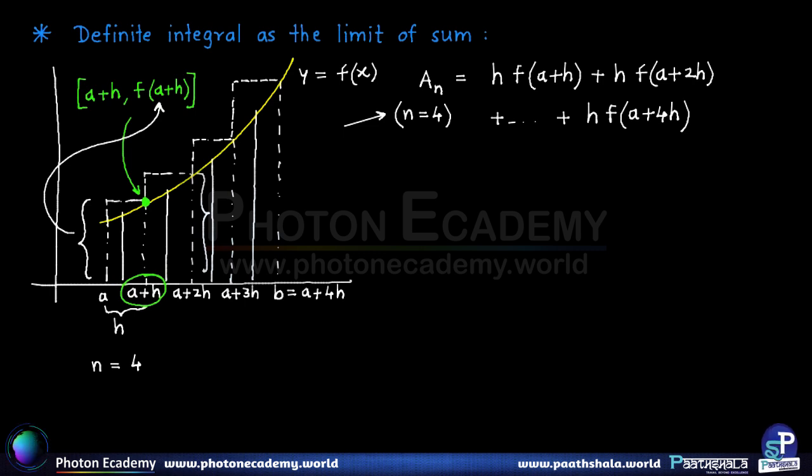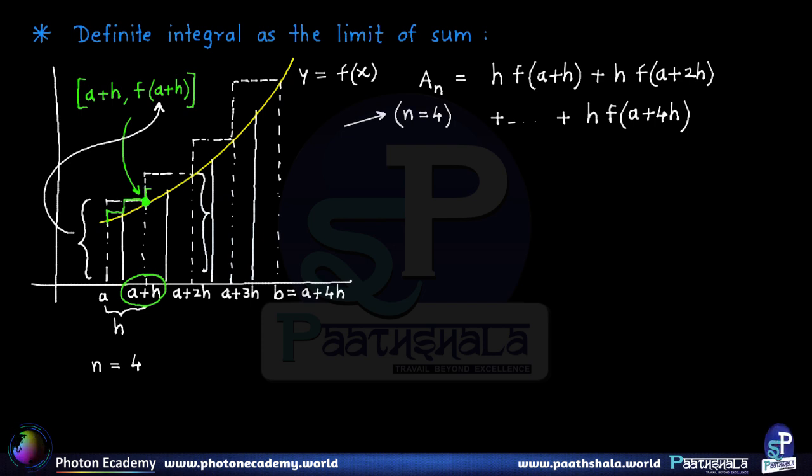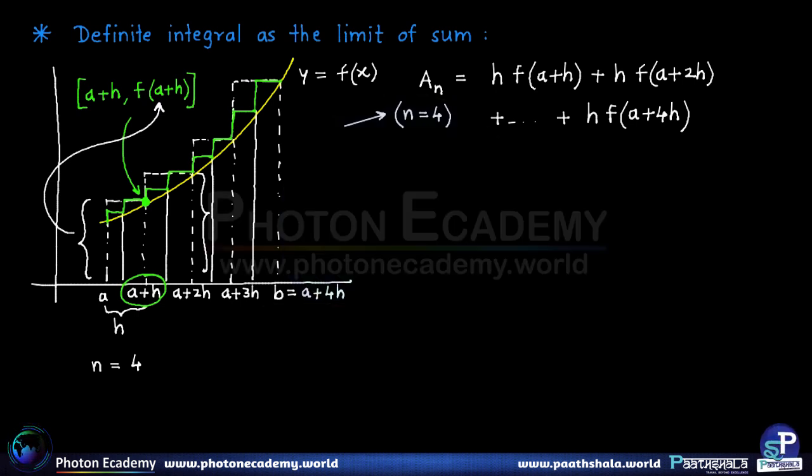Now if I show the topmost boundaries of the rectangles in green, you see that the extra or the surplus area that we are counting above the required area is less than the previous case in which we had considered only 4 rectangles, isn't it?